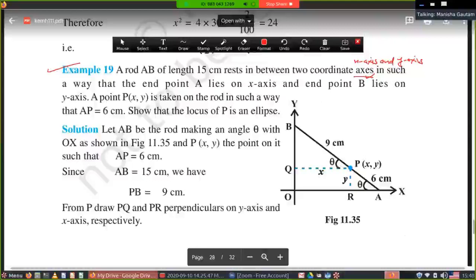A point P having coordinates x comma y is taken on the rod in such a way that AP is 6 centimeters, so that the locus of P is an ellipse.